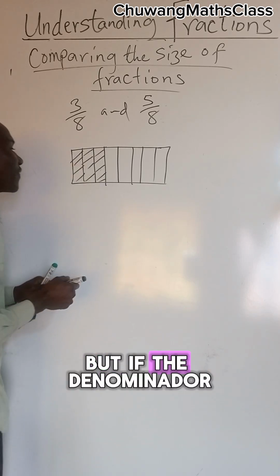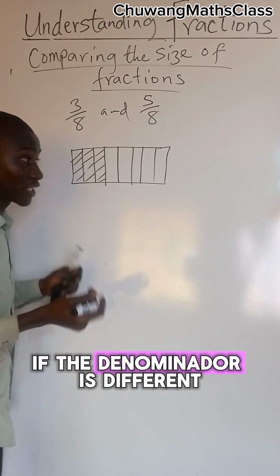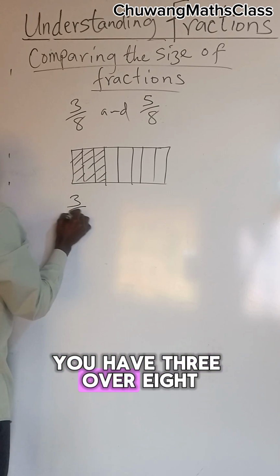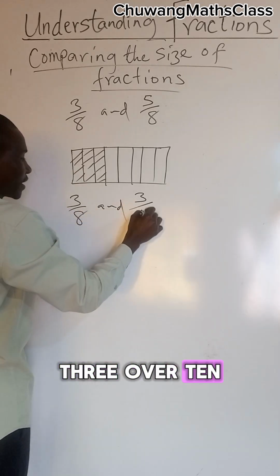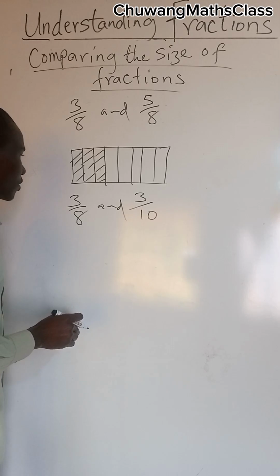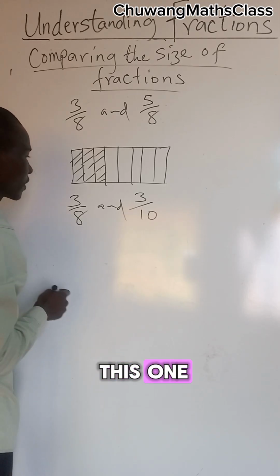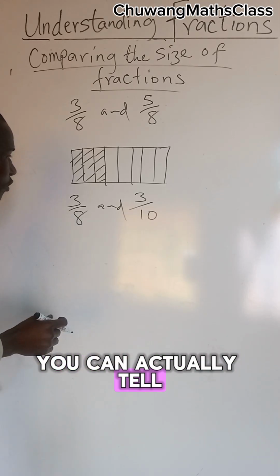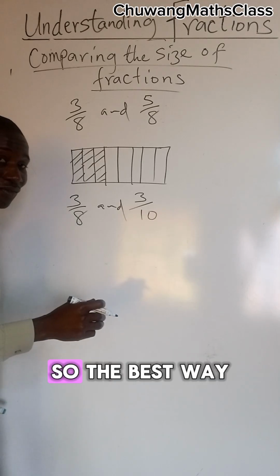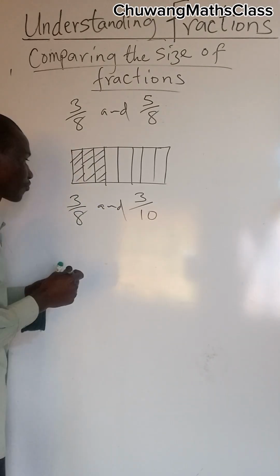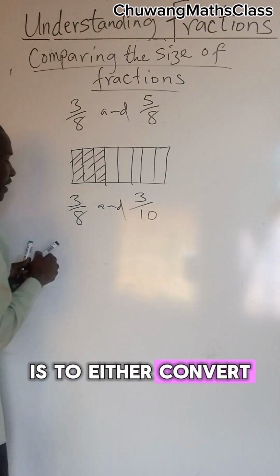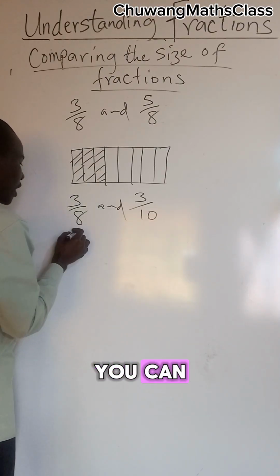Okay, but if the denominators are different, for example, you have 3/8 and let's say you have 3/10, when you have this, you can't actually tell which one is greater. So the best way to do this is to either convert it to decimal.